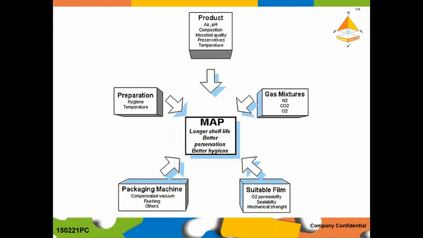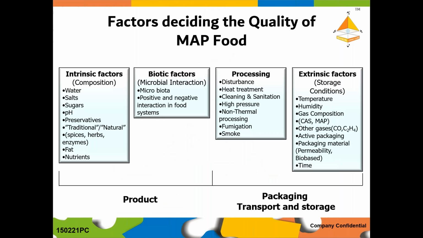If you look at the center, for the longer shelf life, MAP is used for better preservation, better hygiene. It could be with the help of gas mixtures, working with the air, controlling the temperature, and doing the vacuum, flushing with gases, etc. Factors deciding the quality of MAP food.